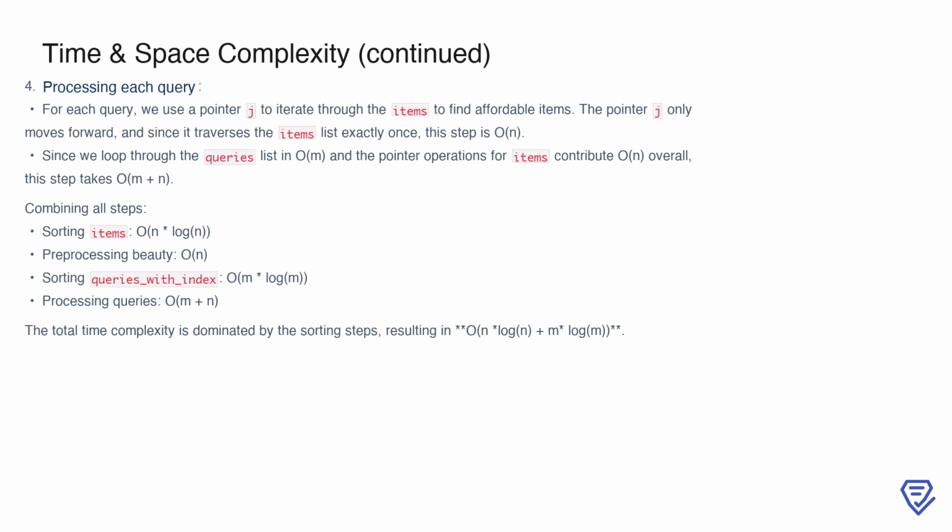Combining these, query processing takes m plus n. Now, summing up all the steps, we have the sorting of items at n log n, pre-processing beauty at n, sorting queries with index at m log m, and query processing at m plus n. The total time complexity is therefore dominated by the sorting steps, resulting in n log n plus m log m.